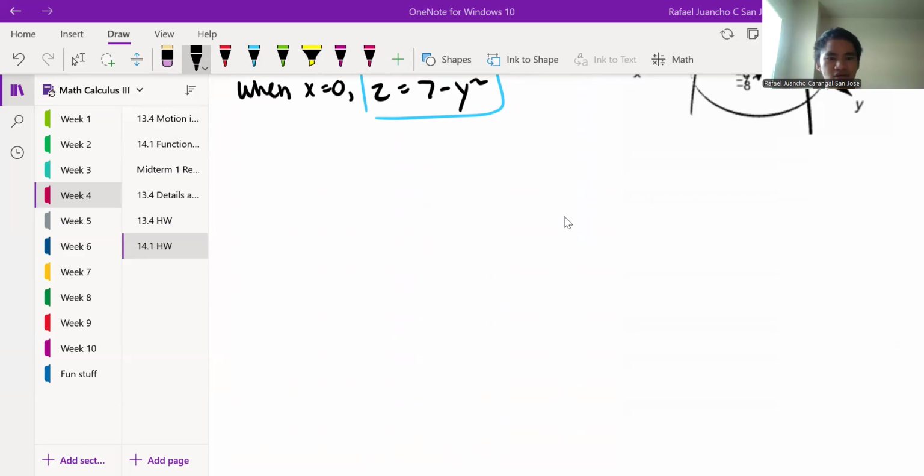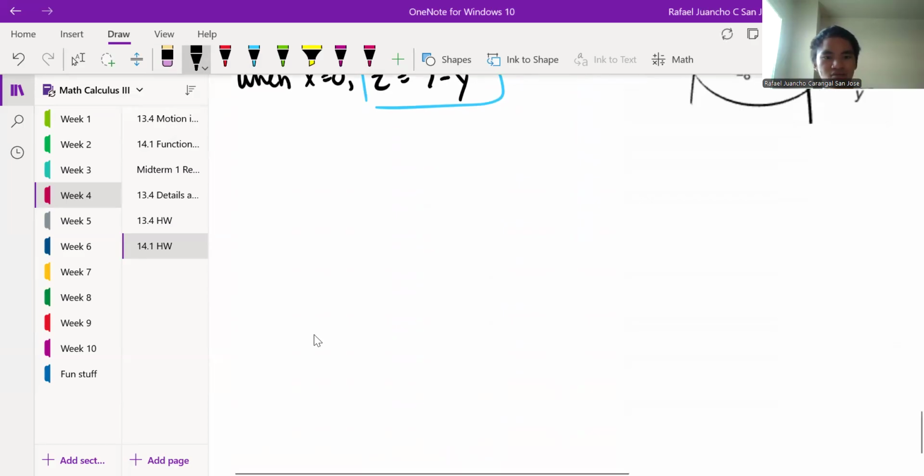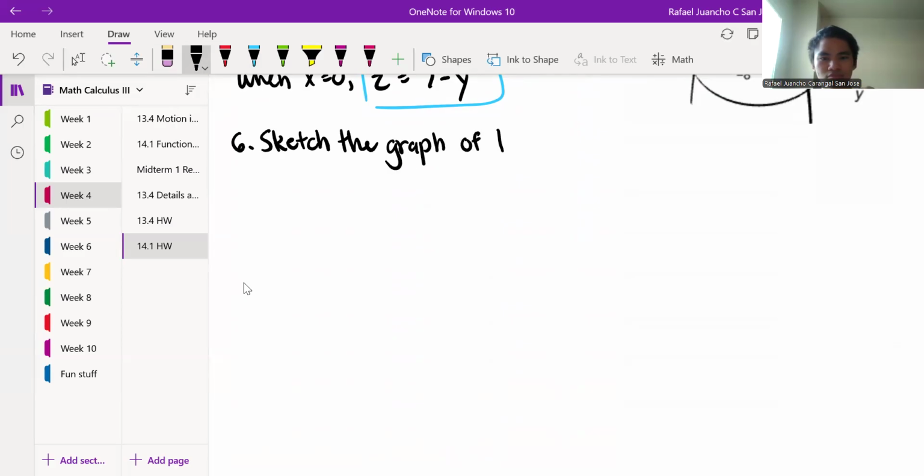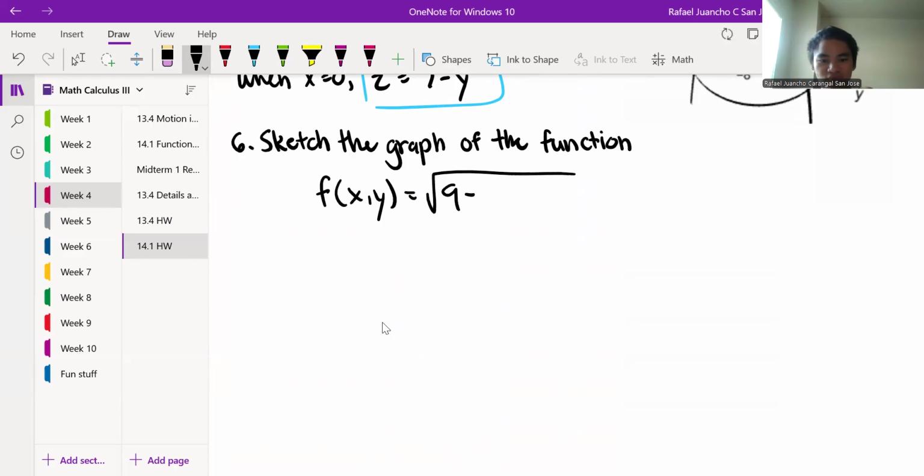Okay. Again, sketch the graph. So many sketching. Of the function. And I'm given this graph here. Oh, now I have to do it by myself. 9 minus 9x squared minus y squared.